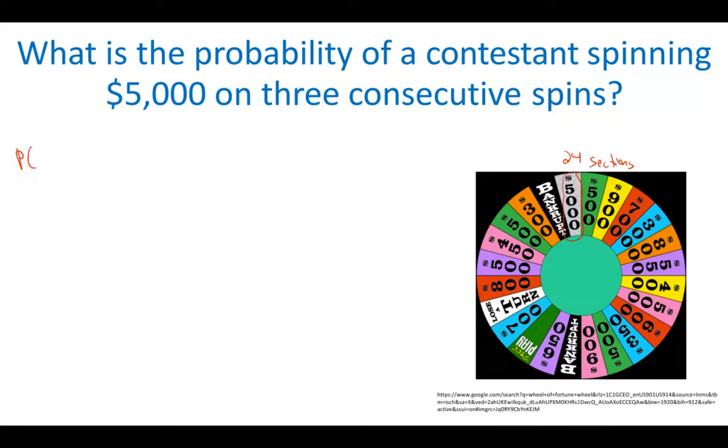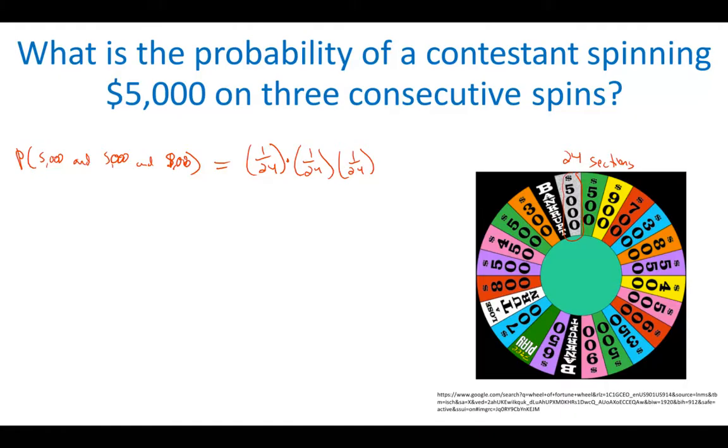So this would be like probability of 5,000 and 5,000 and 5,000. The way that you would actually do that would just be, well, the probability of landing on 5,000, which is 1 out of 24. And remember, and probabilities you multiply, so times 1 out of 24 times 1 out of 24. So that's going to be a really low chance, right?